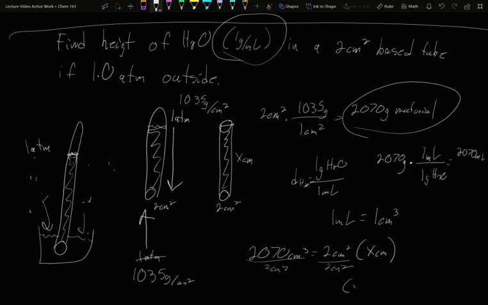What we'll find is that the x centimeters tall is going to be 1,035 centimeters. Since the density of water was 1, all of our multipliers are by 1, and so we just end up with a height equal to the weight. Rather convenient for water. It's part of why it's nice that everything's based on water. The result, though, is that this is 10.35 meters tall.